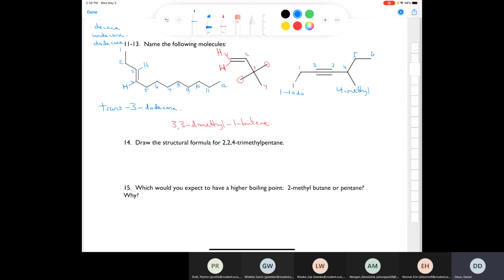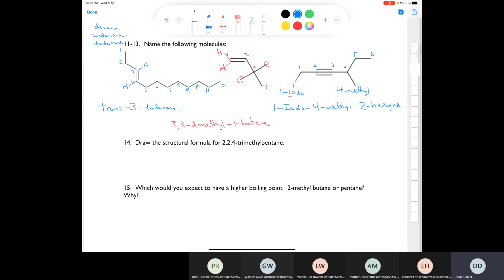So how would I put all that together? Well, I is going to come before M. And so when you put all that together, you get 1-iodo, 4-methyl, 2-hexine for our alkyne.